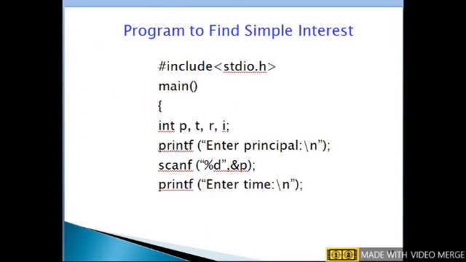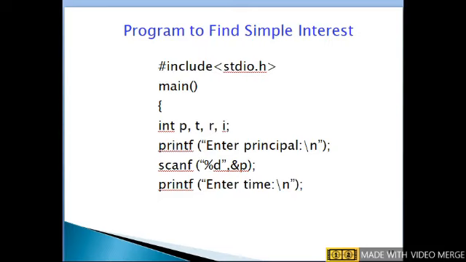Program to find simple interest. Up to now, you are aware of how to declare variables and how to use the printf and scanf functions. So you are able to write simple programs. Now we will write a program to find simple interest.